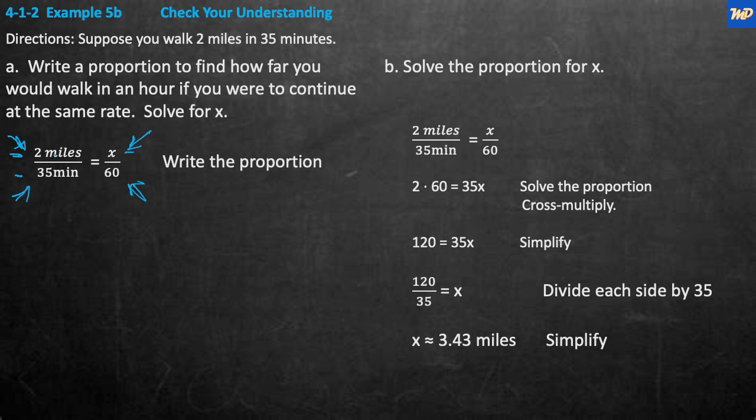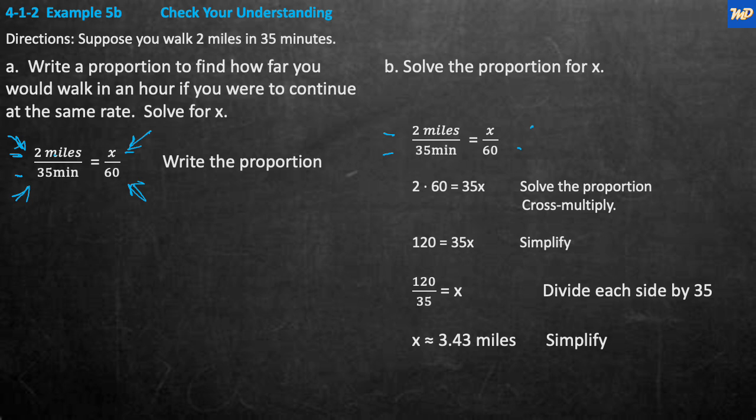So I redrew it over here on this side. 2 is to 35 as x is to 60. Since we've got the x on the top, all we need to do is multiply by 60 and we could solve the problem. But I'm going through all the steps, just as if it was not quite this easy, so that you can see the steps.